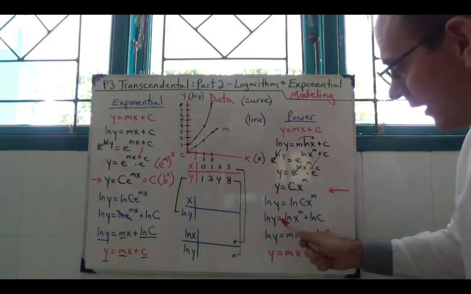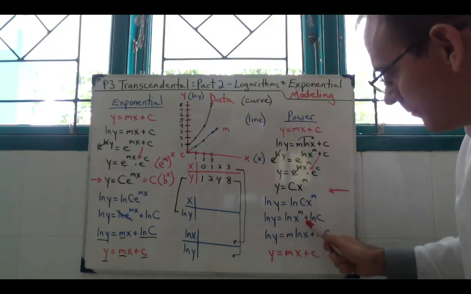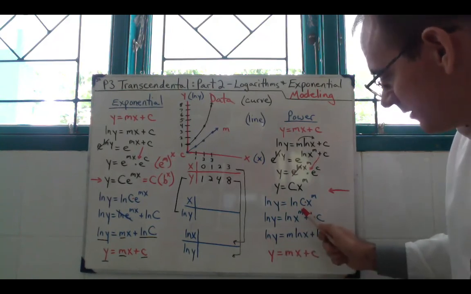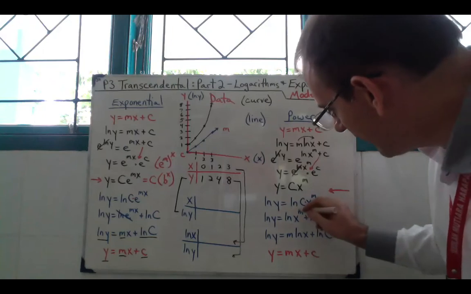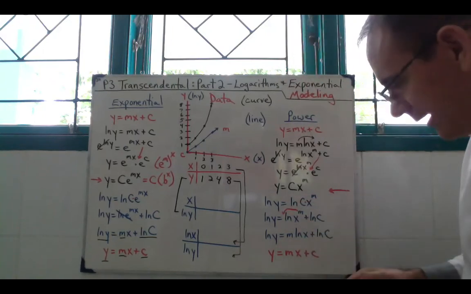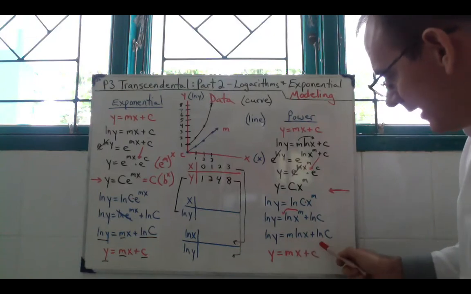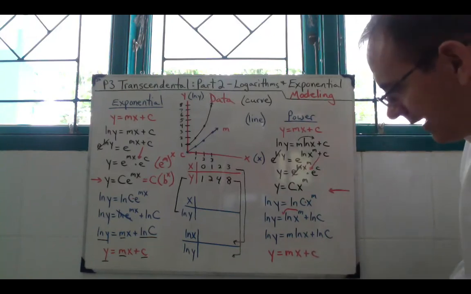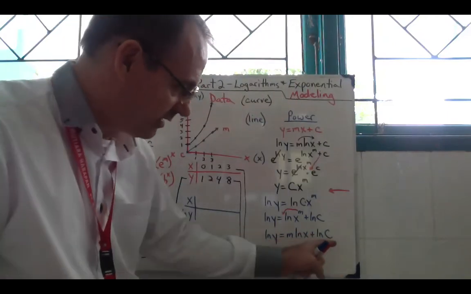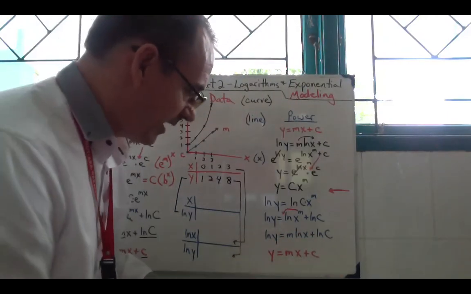So we get ln y equals ln x to the m plus ln c. And this exponent can multiply to the front. So ln y equals m ln x plus ln c. And again, we can see the relationship between this and our y equals mx plus c.